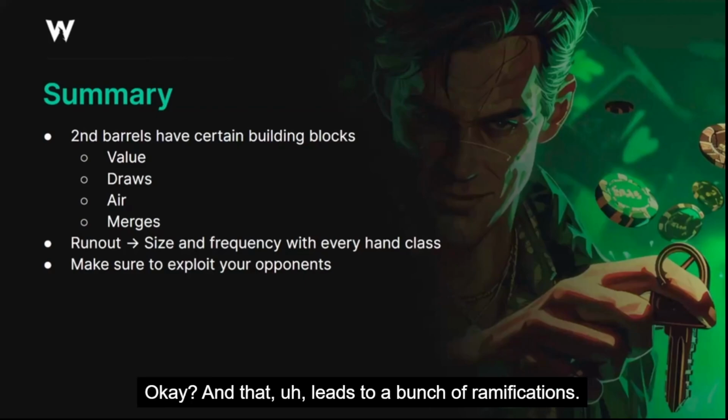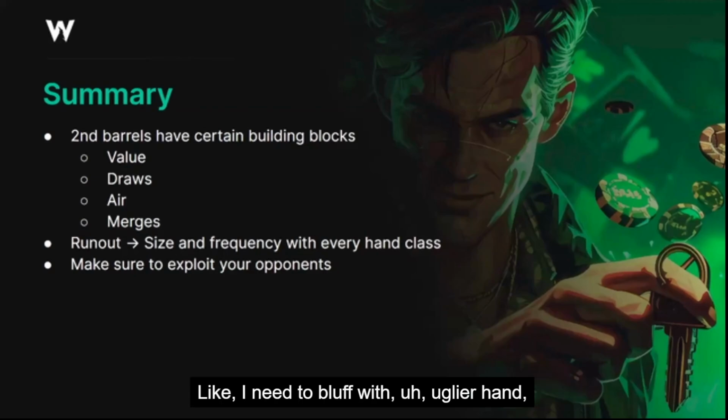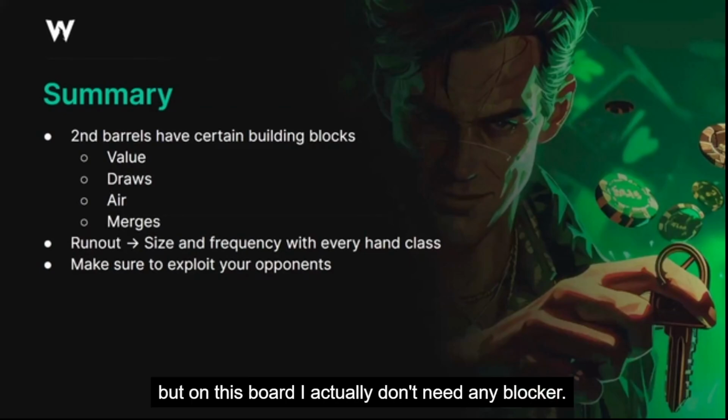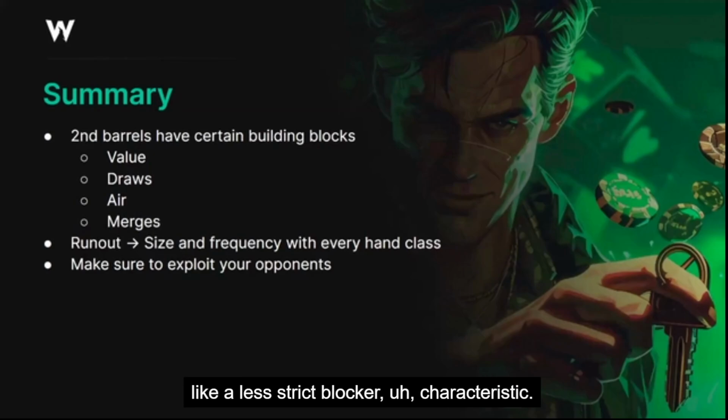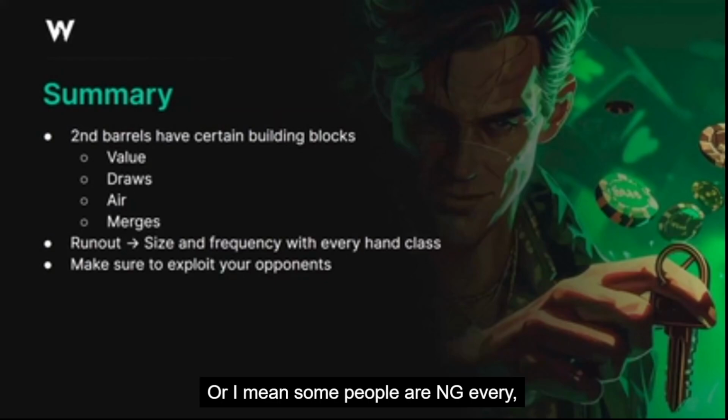And that leads to a bunch of ramifications, like I need to bluff with uglier hands, or I might need this blocker, but on this board, I actually don't need any blocker. I'm just going to bluff anyway. Or on this one, I need this really, really clear, strong blocker. On this one, I need a less strict blocker characteristic. Or, I mean, some people RNG everything.